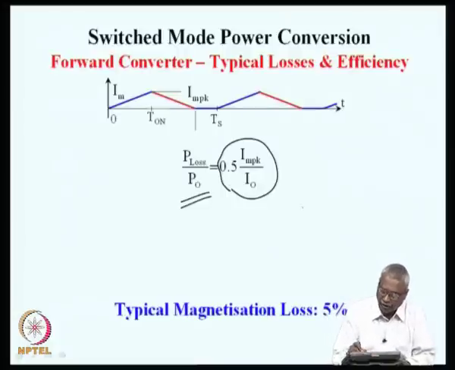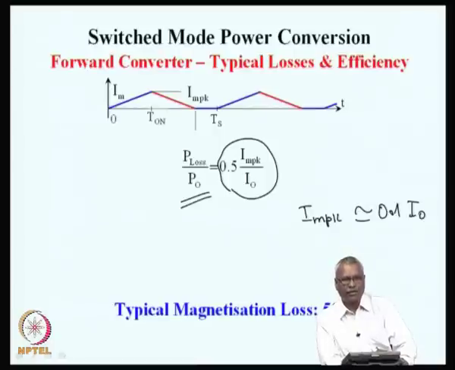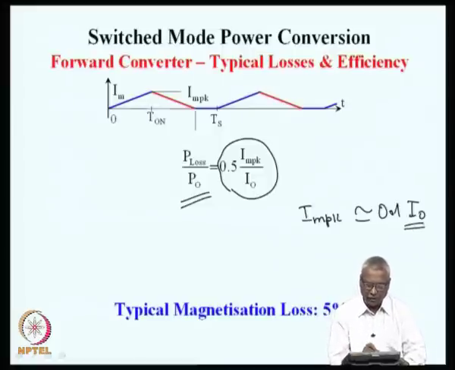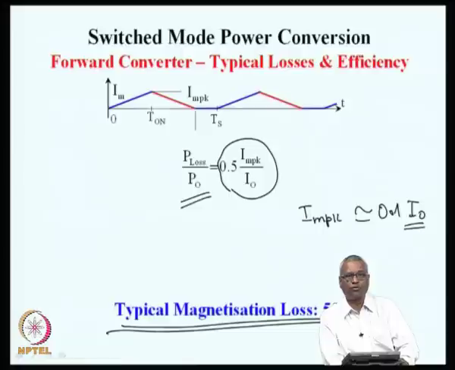Normally, we would like to keep the peak magnetization current approximately 0.1 times I naught. We will keep the magnetizing current peak to be just about 10% of the load current, and that will result in typical magnetization loss to be limited to about 5%.